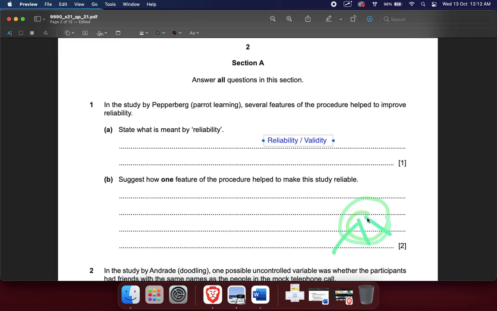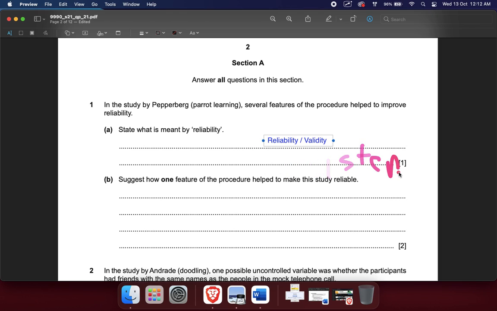You hit them many times, multiple times in a close area, then it's reliable. You shoot reliably. Every time you shoot, you reliably hit the middle. Validity is being able to hit the dead center. That means you're getting it accurately on the right spot. So validity is about accuracy. Reliability is about consistency. Just remember that.